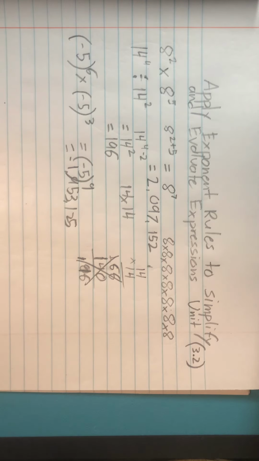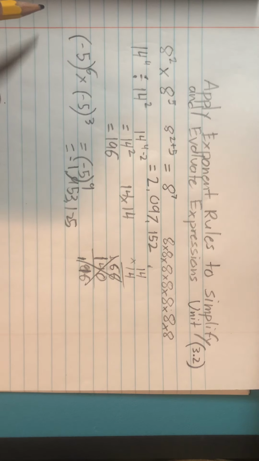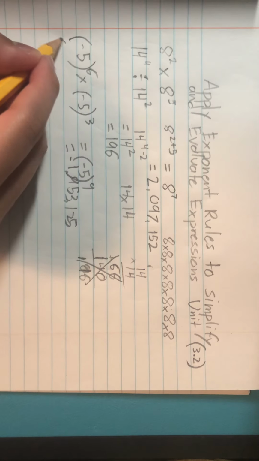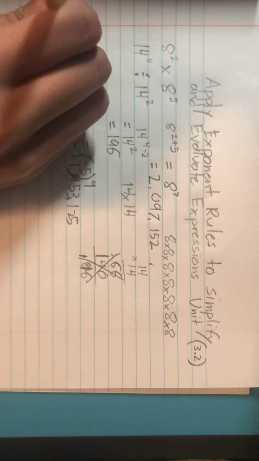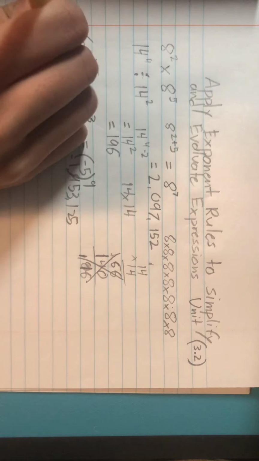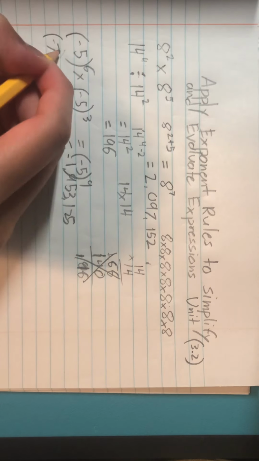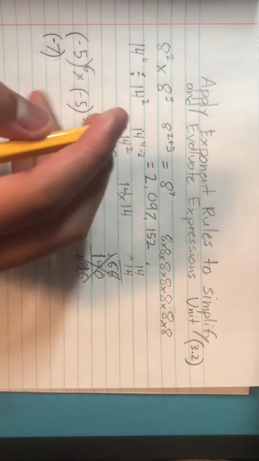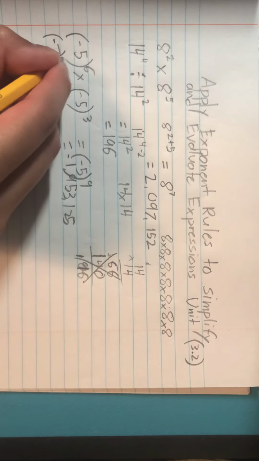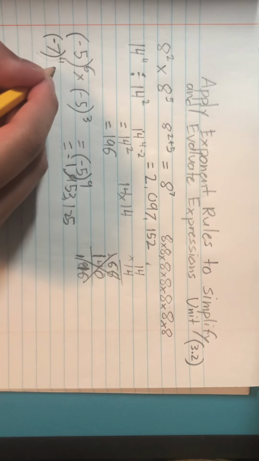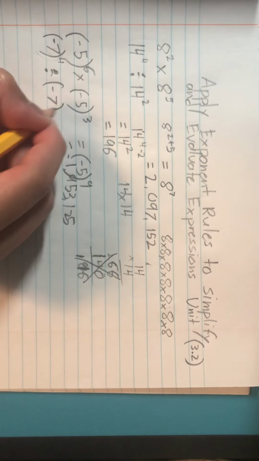Same thing with division. If you did a negative, let's do a different number, not 5. Let's do 7. Negative 7 to the exponent 4 divided by negative 7 to the 1.